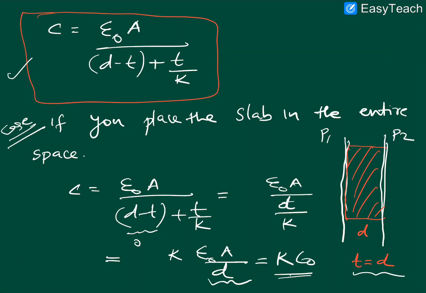Okay, so anyway, capacitance increases when you place a dielectric in between. That is the conclusion. So all of you please go through these derivations. These are important derivations which can be asked as a 5-mark question.